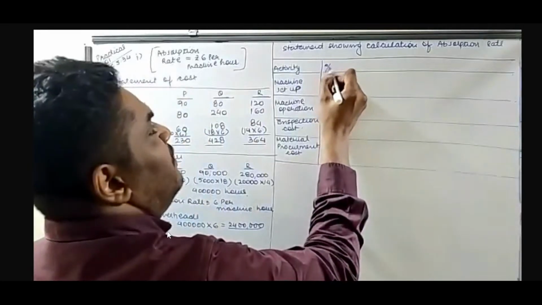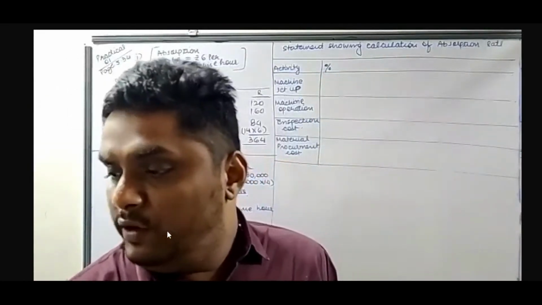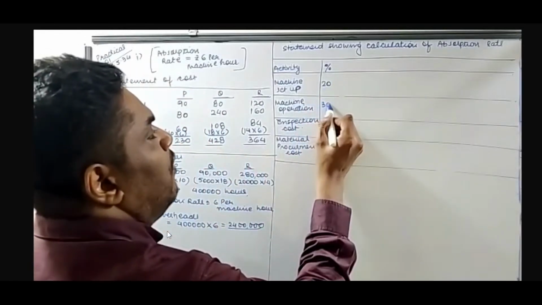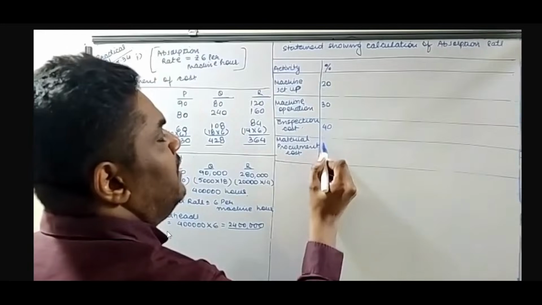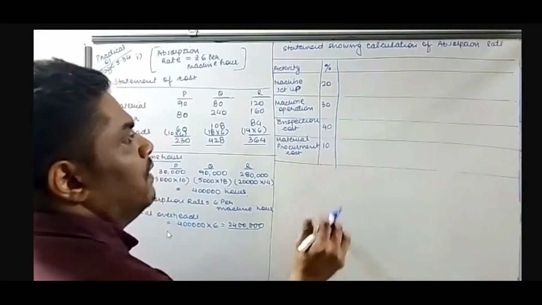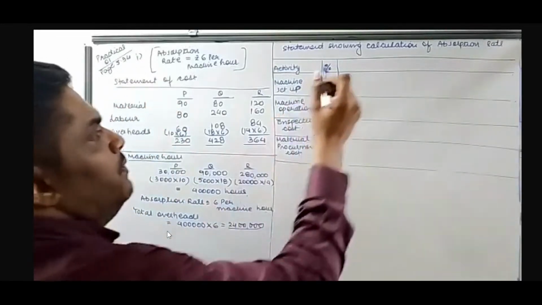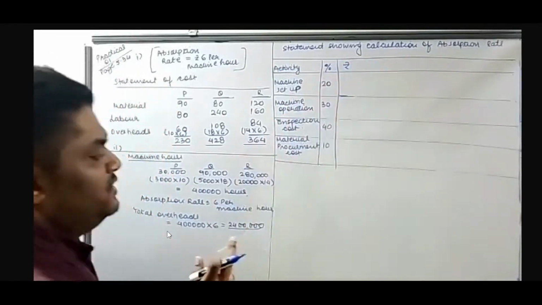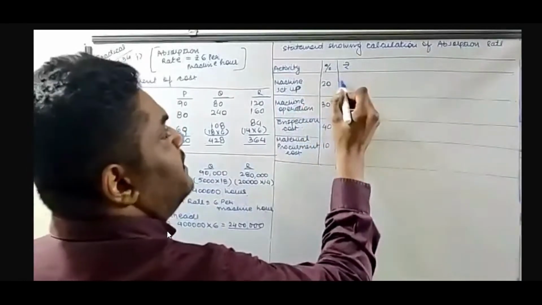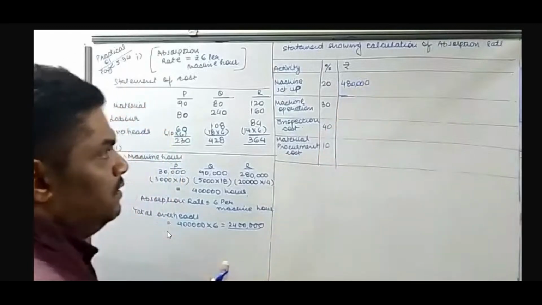The percentage of cost is also given: 20, 30, 40, and 10. So the cost will be how much in rupees? 24 lakh into 20%, that is 4,80,000.